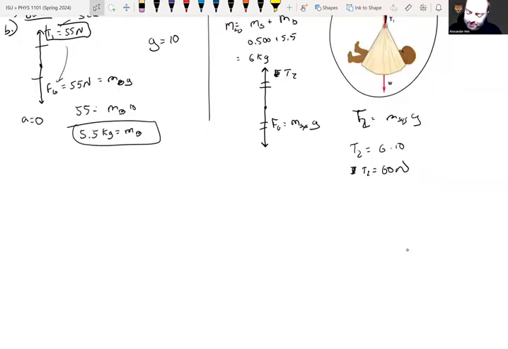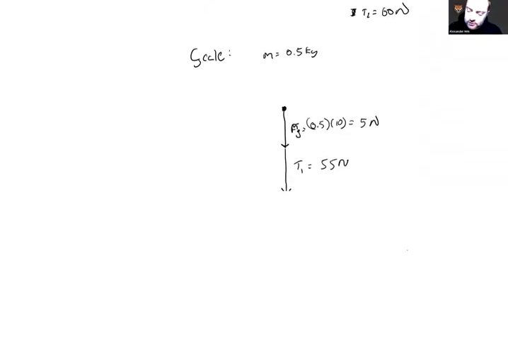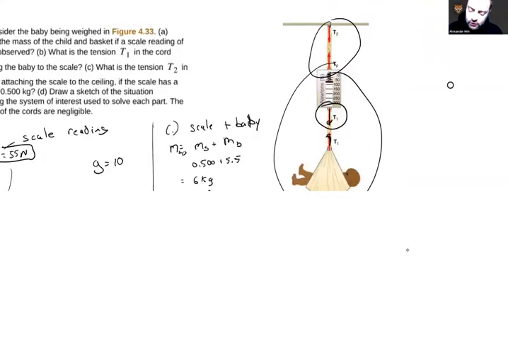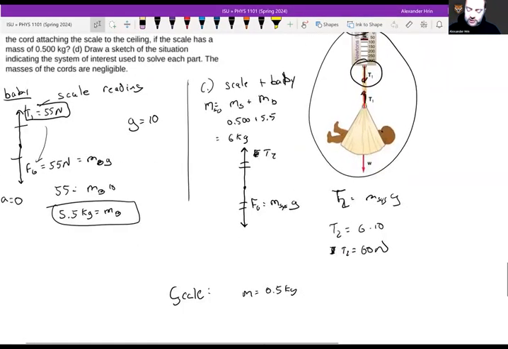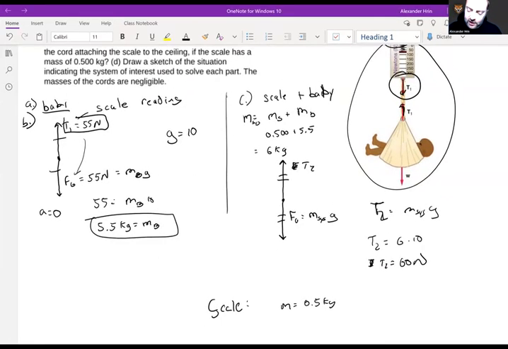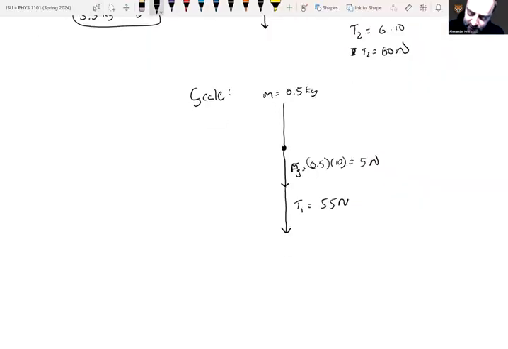And then the only thing up on the scale is T2. Setting up again, we still know that acceleration is 0.